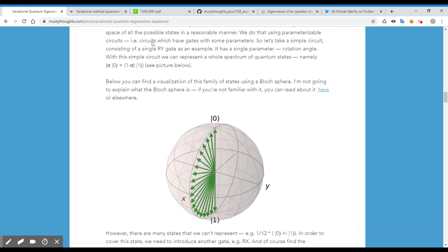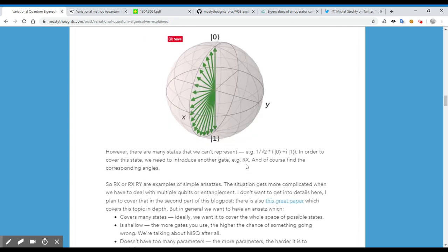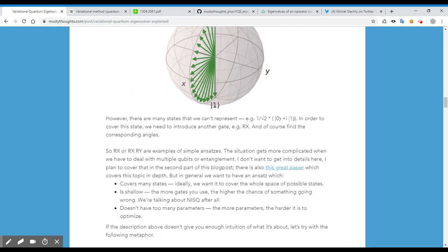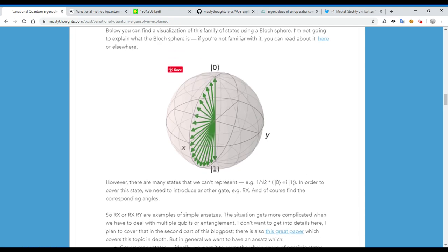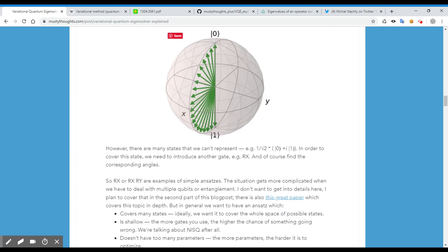Okay, so it represents a whole spectrum of quantum states, namely these ones. That's what you see in the picture, the visualization. Really nice. If you're not familiar with it, you can read about it here. Okay, cool. I didn't expect that you would spend some time explaining what it really means to explore the space of solutions, but it's actually neat if you're not familiar with this.